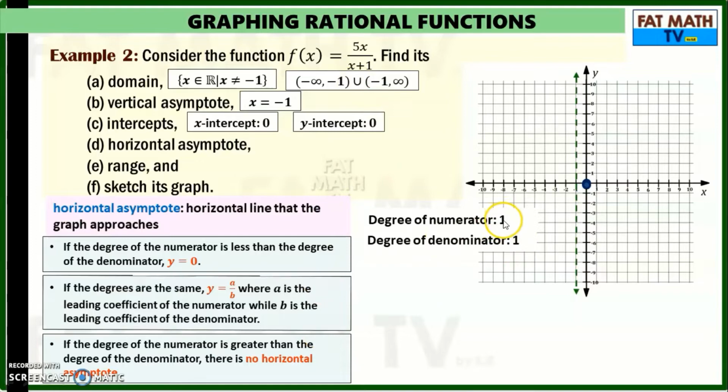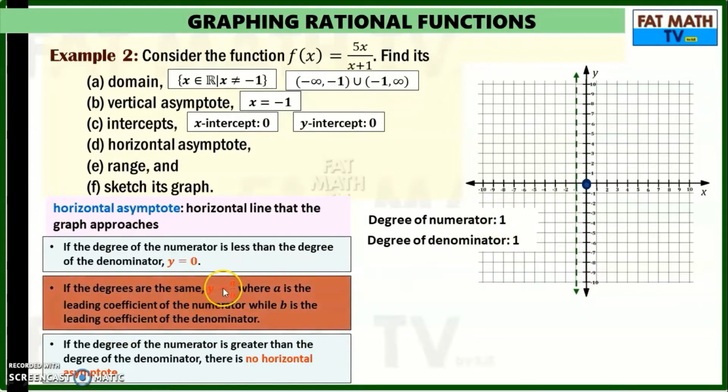So these two are the same, so we will use the ratio of leading coefficients. The horizontal asymptote is y equals the leading coefficient of the numerator over the leading coefficient of the denominator. The leading coefficient of the numerator is 5. The leading coefficient of the denominator is 1. This is the coefficient of x.